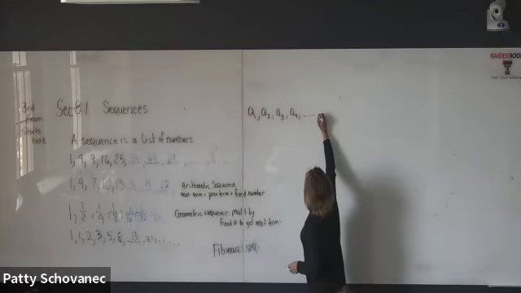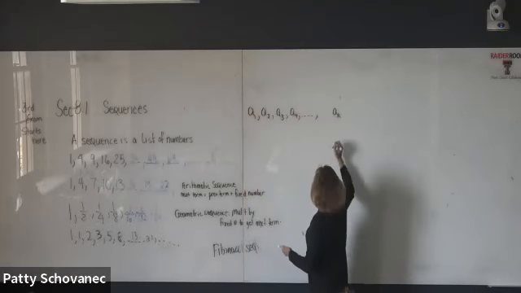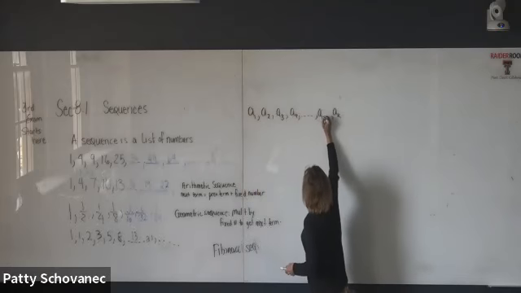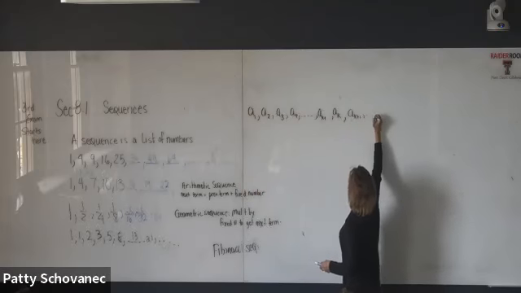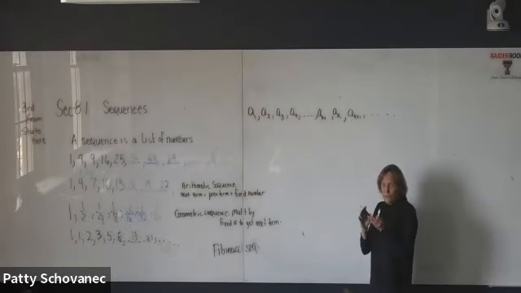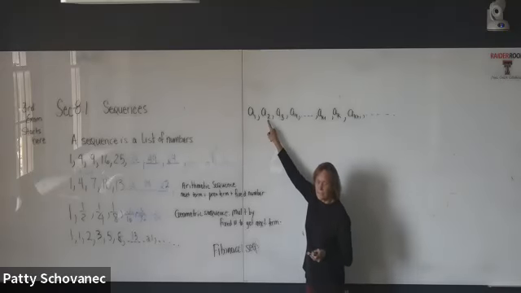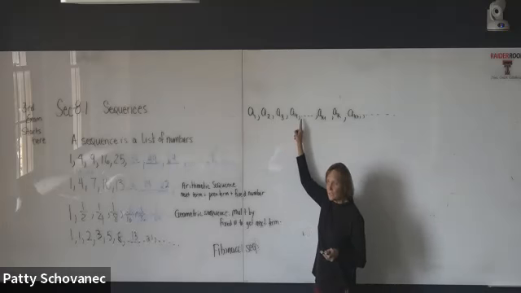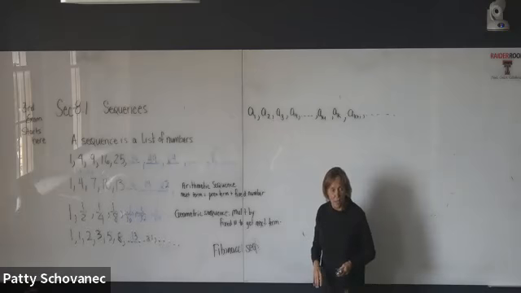If I get over here to the kth one, it'll be a_k. And the one right before it would have a k minus 1 subscript, and the one right after it would have a k plus 1 subscript. So if I define these as a function, the input is the place that the object appears in the list, and the output is the value that is in that slot.